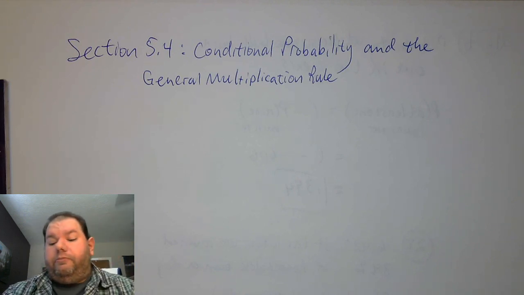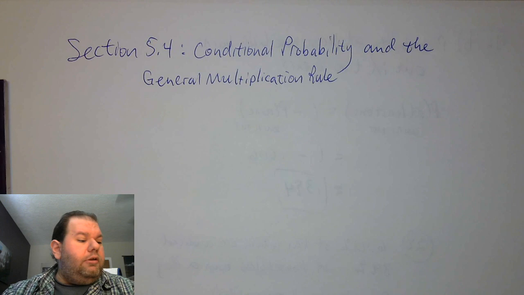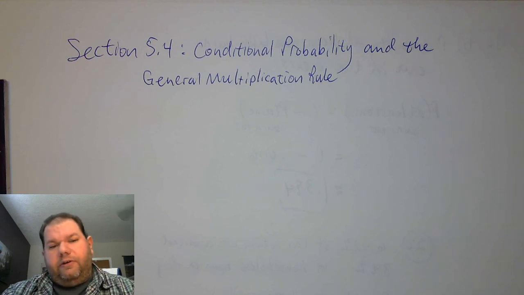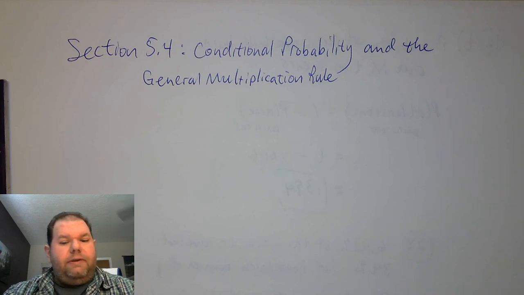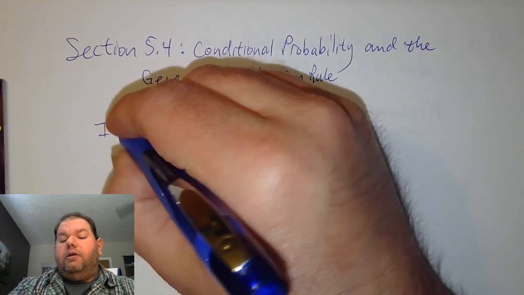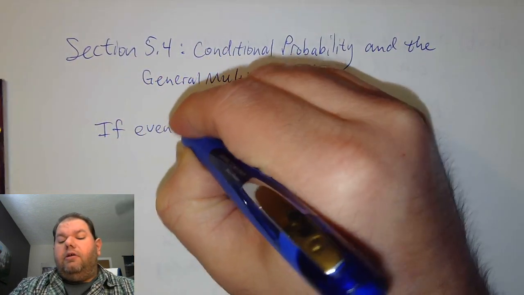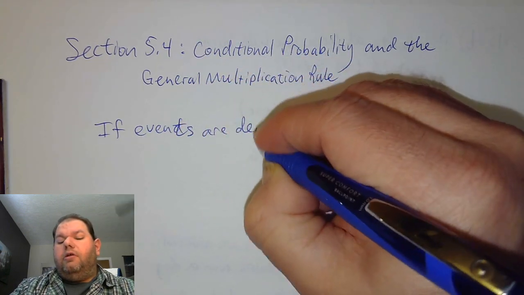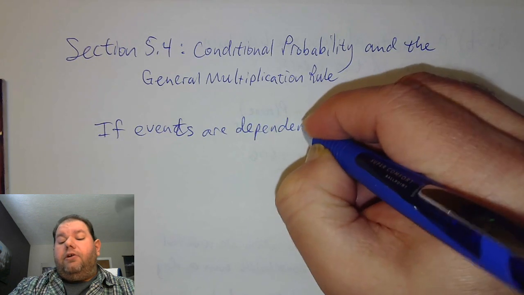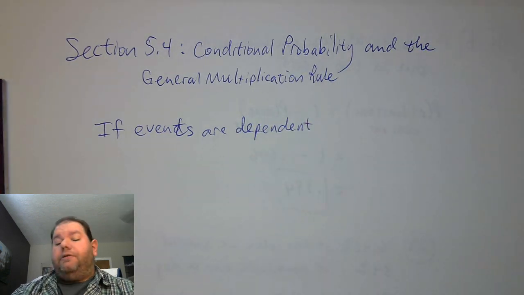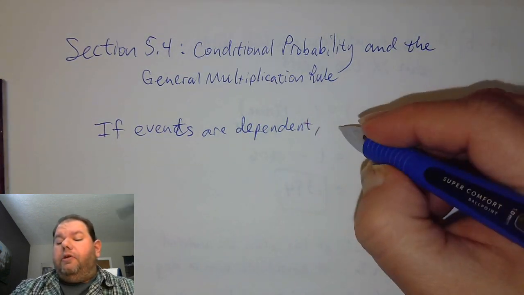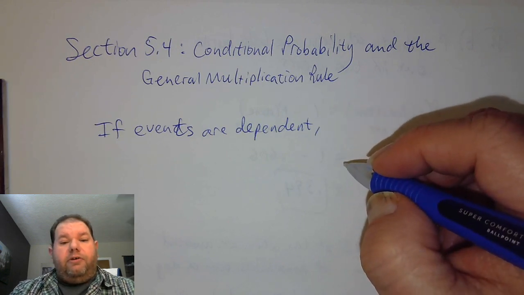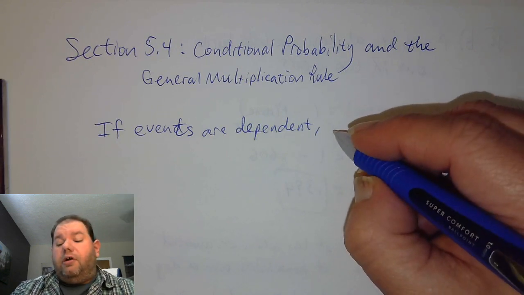Anyway, so the concept of conditional probability is that if events happen to be dependent, meaning that the occurrence of one affects the occurrence of the other, then how we calculate probability changes.